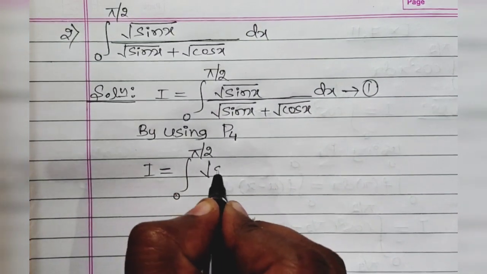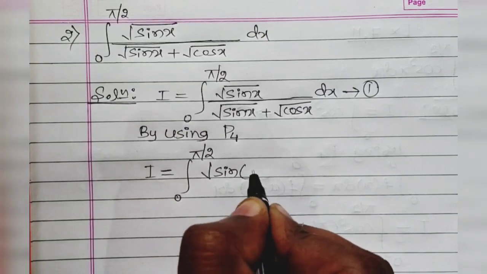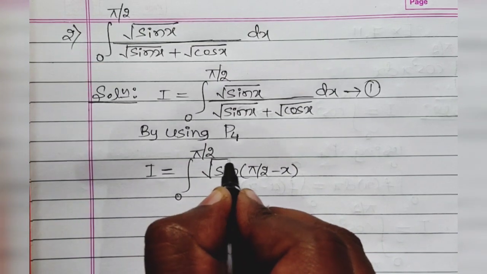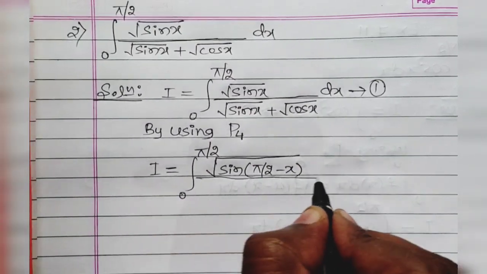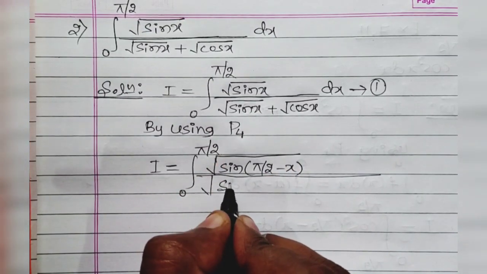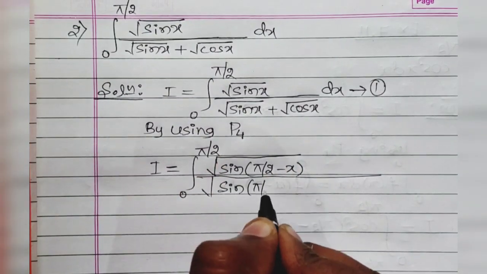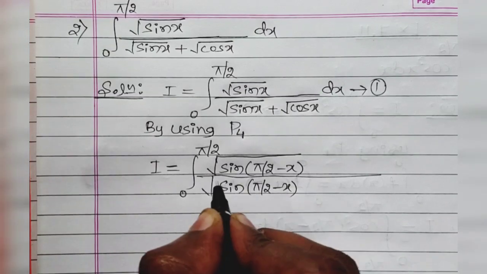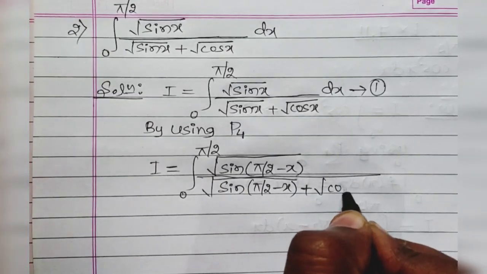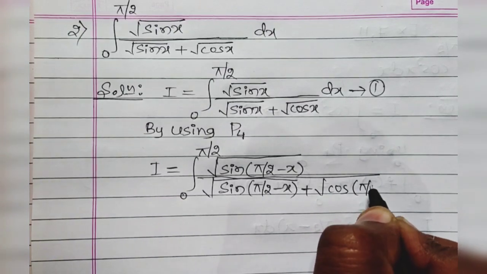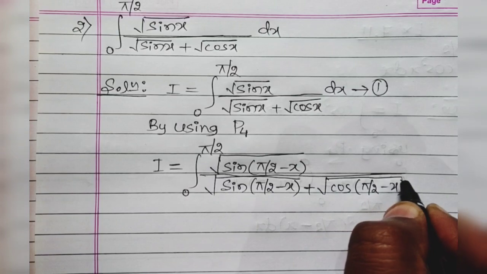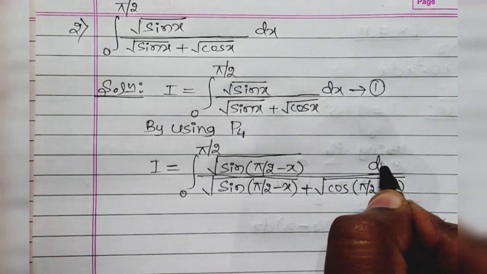So the square root of sin x becomes the square root of sin of pi by 2 minus x, then the square root of again sin of pi by 2 minus x, plus the square root of cos of pi by 2 minus x, and then I write dx here.